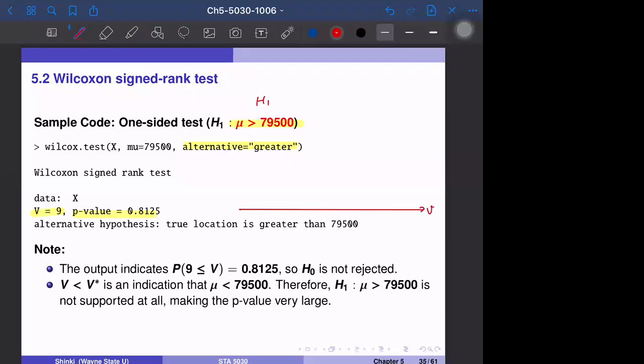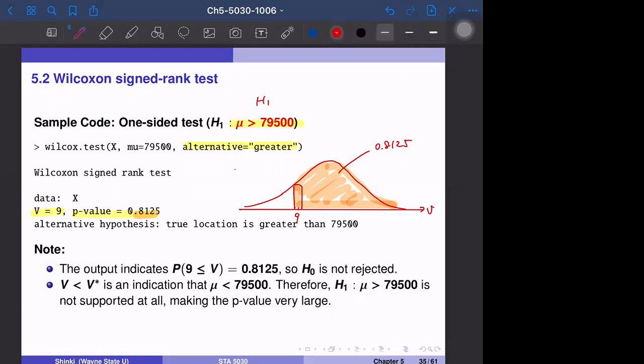The distribution of V is here, and V equal to 9 is around here. Last time we calculated the area below 9, but this time the area above 9, this entire area. So this is equal to 0.8125 as indicated here.